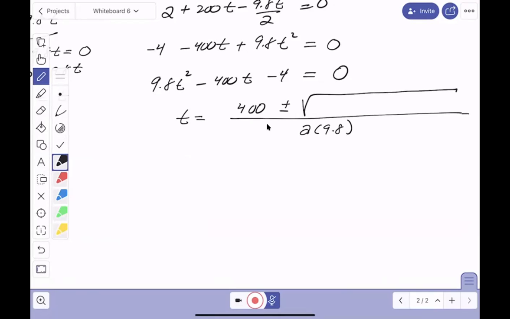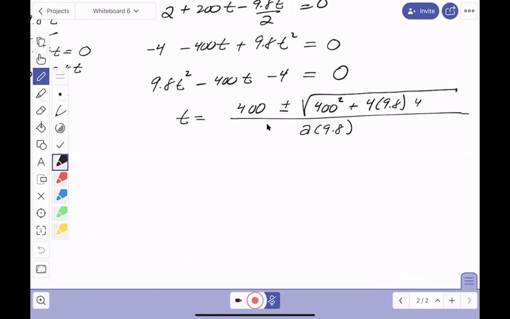It's going to be tough, right? The b squared minus 4 times a times c, which is minus 4.